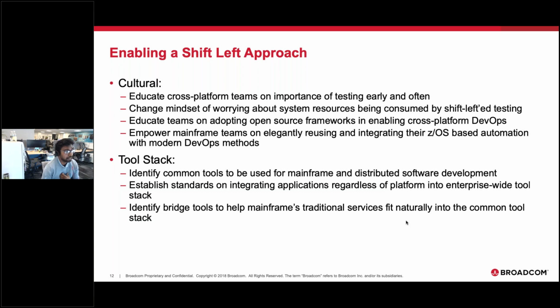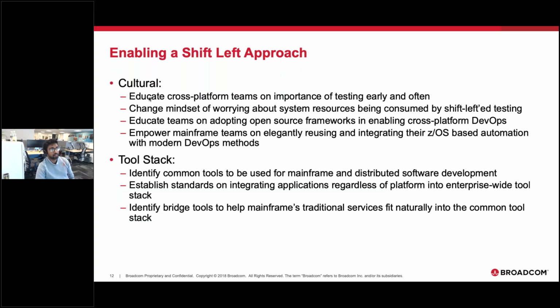For me, I view it as really 50-50. Half of it is essentially a cultural shift that needs to happen, and the second half, of course, is the tooling that's available for you. We're going to be talking more about the tool stack in this webinar, but I'd like to touch a little bit on the cultural shift that also needs to happen.